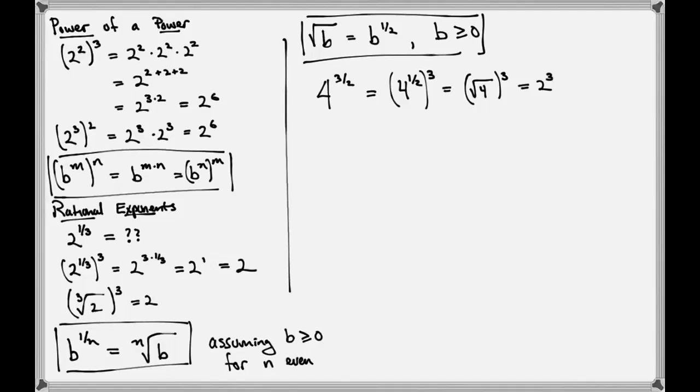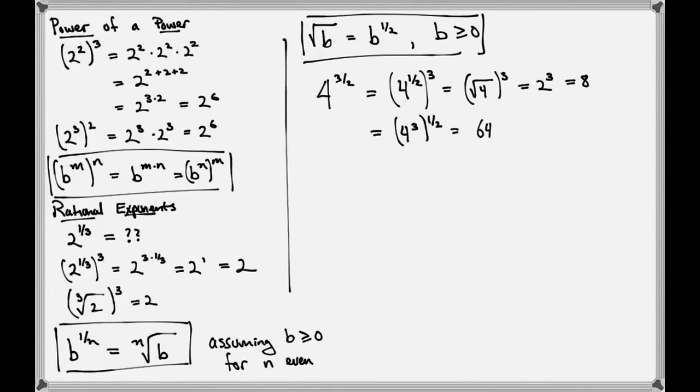Order of operations says I'll do what's in the parentheses first. Square root of 4 is 2, and I cube the result, and I get 8. Notice this could have been done in the other order. I could have cubed it first and then raised it to the 1/2 power.